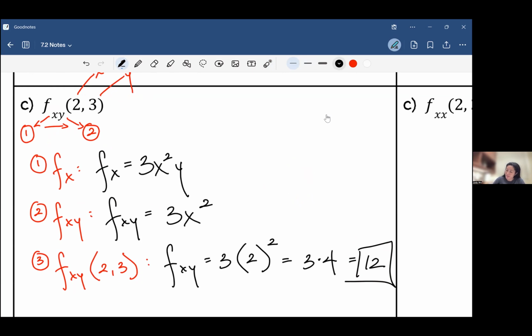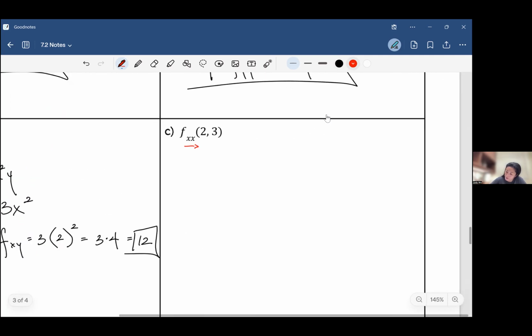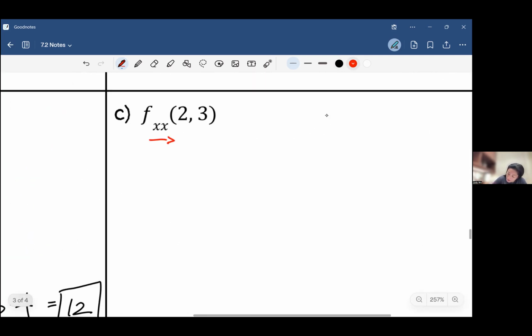All right. We got one last one. Oh, very nice. It's an fxx, same letter, so you don't have to worry about whatever order you're doing it in because the first derivative will be with respect to x, and so will the second derivative. Okay. So let's go ahead. Fx. All right.